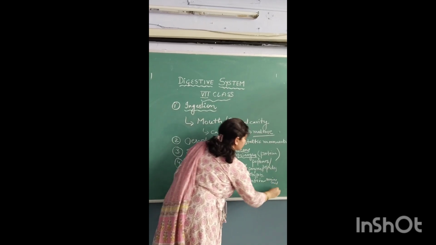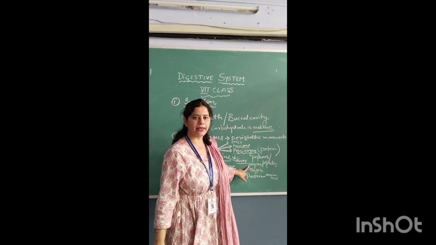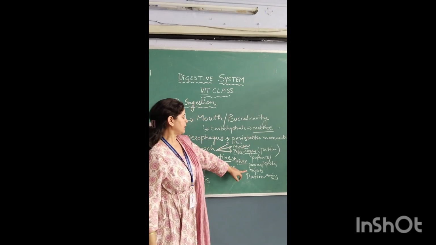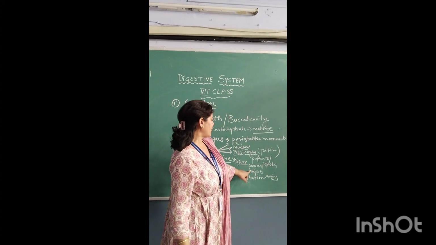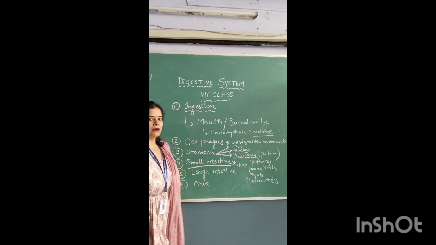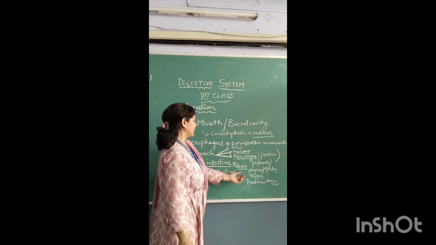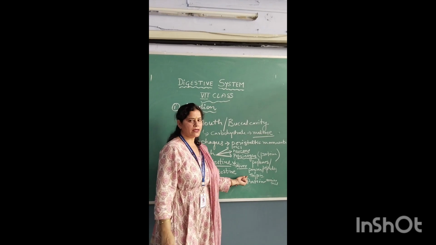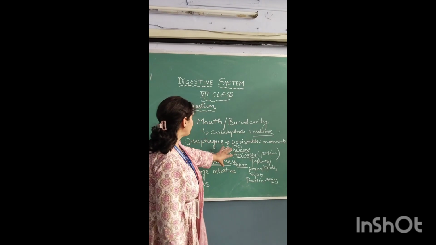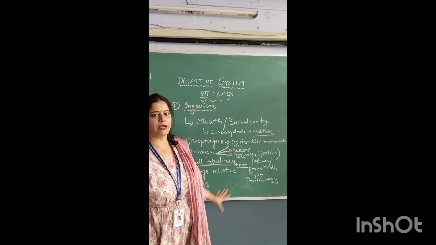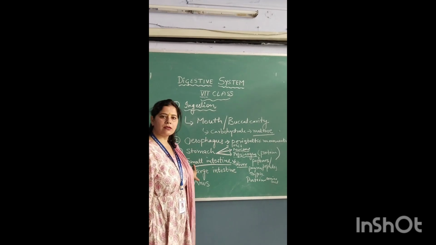Other secretions of pancreas are pancreatic amylase. It digests the maltose into simple glucose, and lipase digests the fats. Now lipase converts these fats into fatty acids and glycerol. In this way the complete digestion of fats, carbohydrates and proteins takes place in the small intestine.